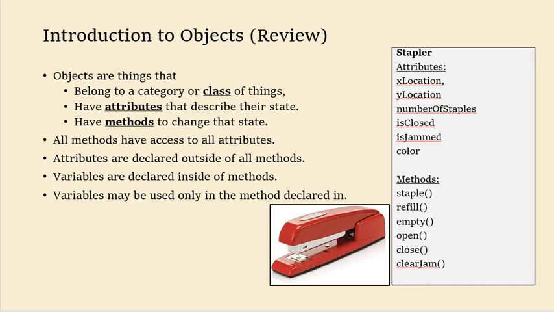So, for example, we talked about the sheep-sheepdog game earlier, and we talked about how the sheep would have X location, Y location. That's probably a good attribute, number one, because it describes where the sheep is, and number two, there's probably a number of methods that would like to have access to that information. There are probably several methods that would want to know where the sheep's X and Y locations are.